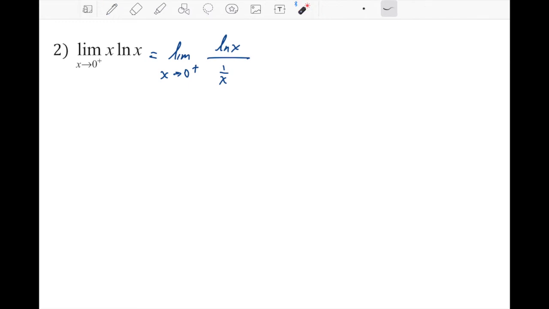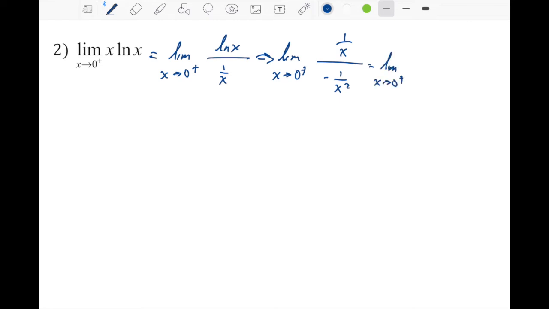L'Hôpital's rule applies because this is now negative infinity divided by infinity. We've got one of our indeterminate forms. So L'Hôpital's rule, limit as x approaches 0 from the right, this is 1 over x over negative 1 over x squared, giving us limit as x approaches 0 from the right of negative x, giving us 0.